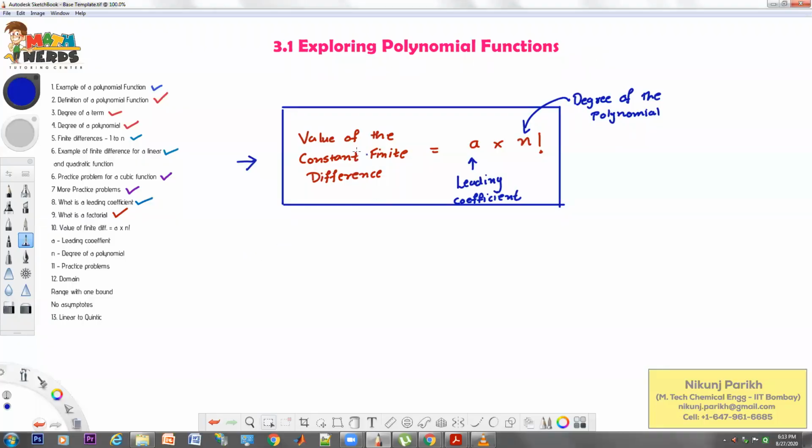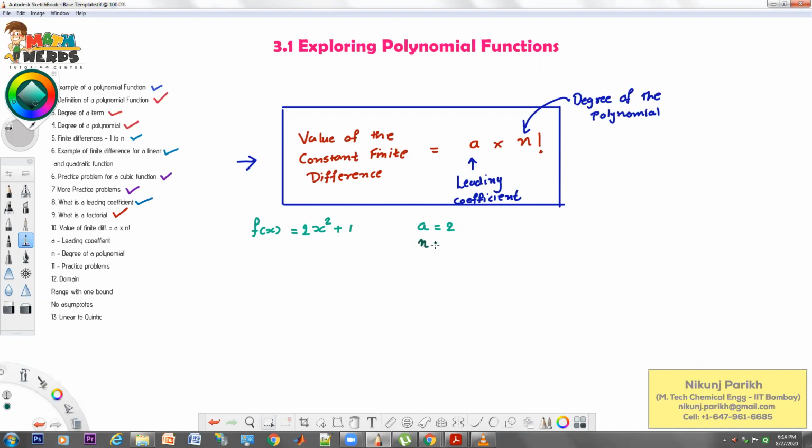So now let us verify this formula for a quadratic function. Let us say the function is f(x) equals 2x squared plus 1. So what do we have here? We have the leading coefficient a equals 2. The degree of the polynomial is also 2.